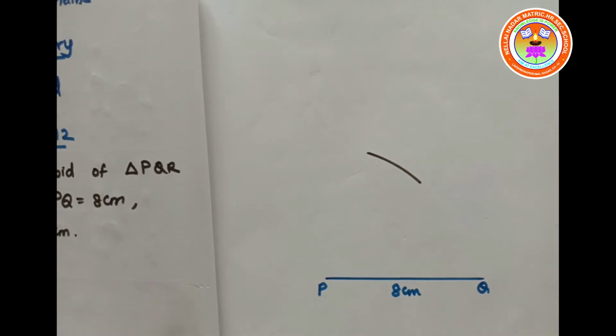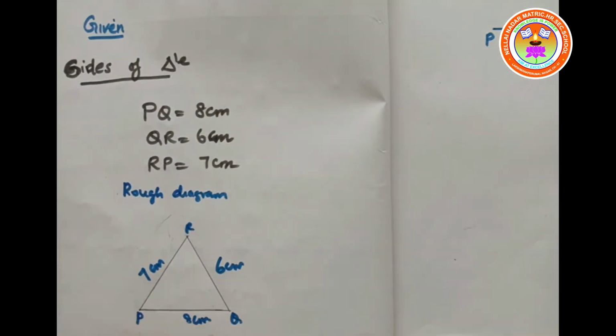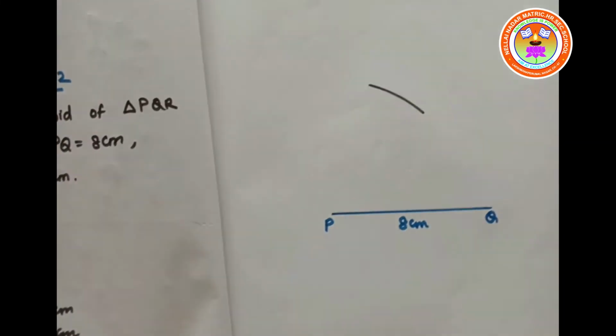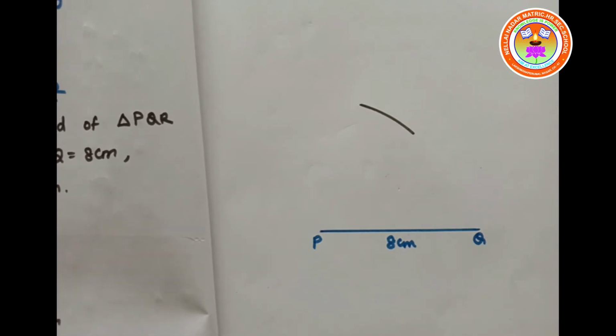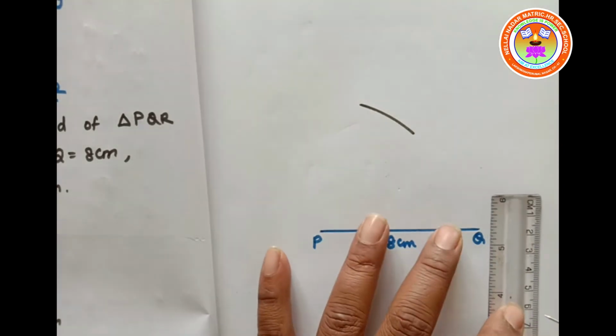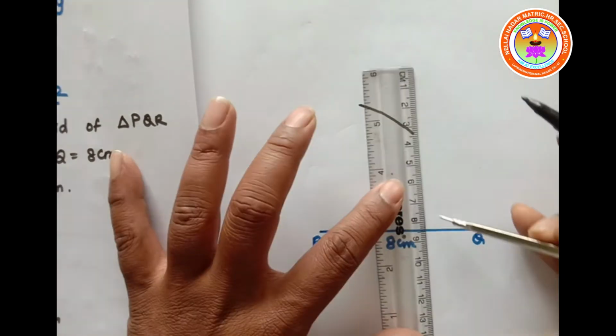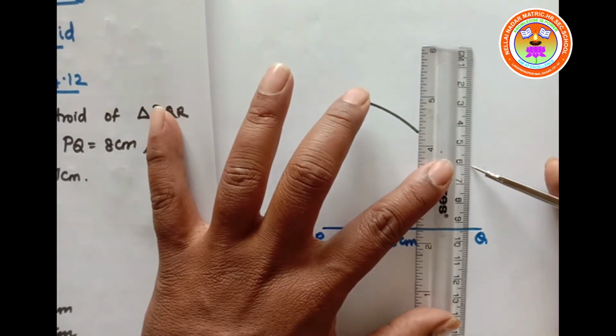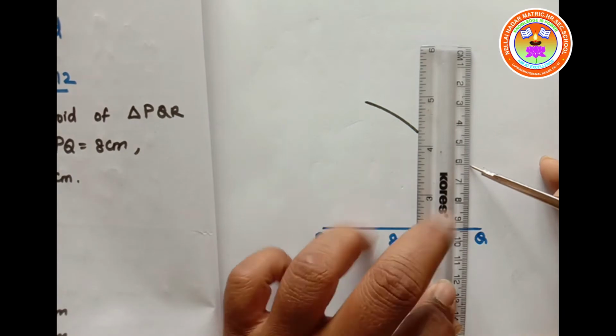It's clear, children? And from the rough diagram, QR equal to 6 cm. From Q to R, measure 6 cm.